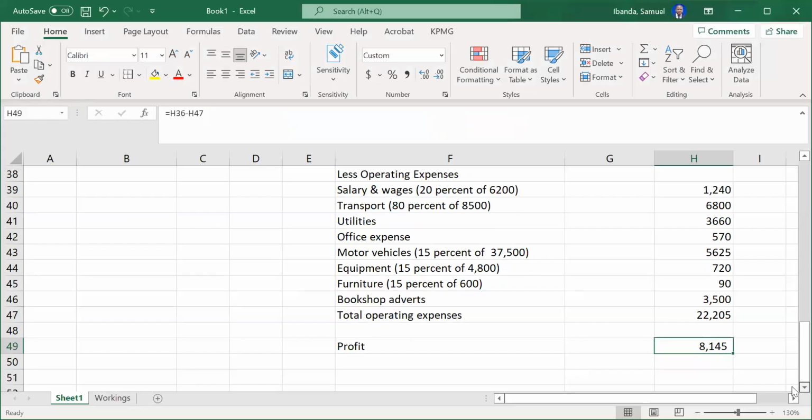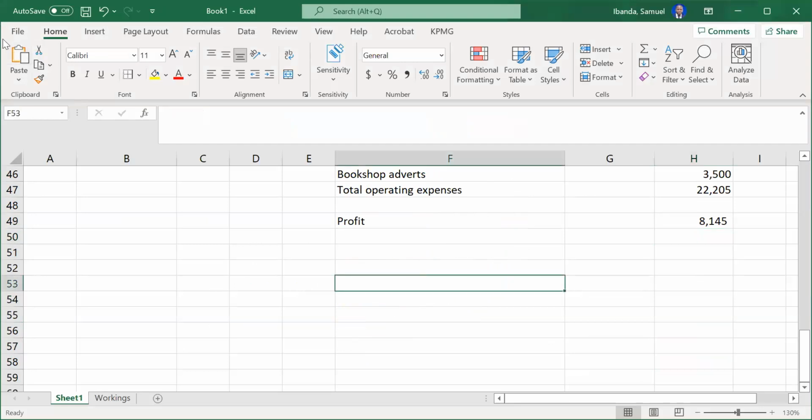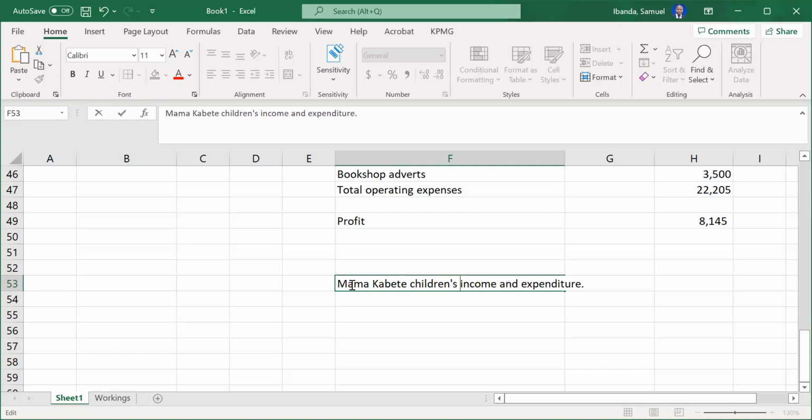Like I told you, an income and expenditure account definitely has a heading: Mama Kabete Children's Home, income and expenditure account. This is for the period ending 31st December 2022.